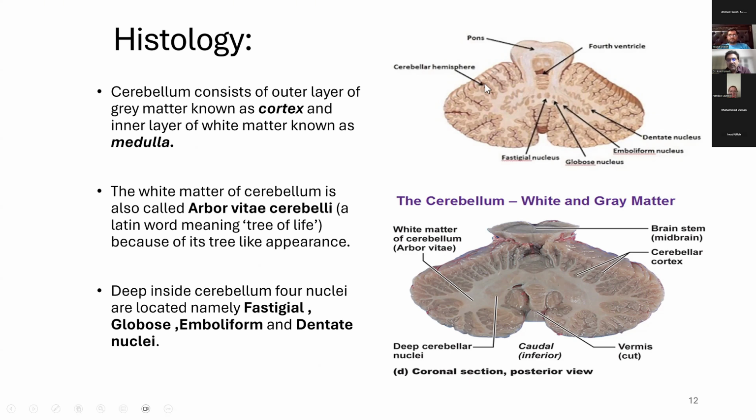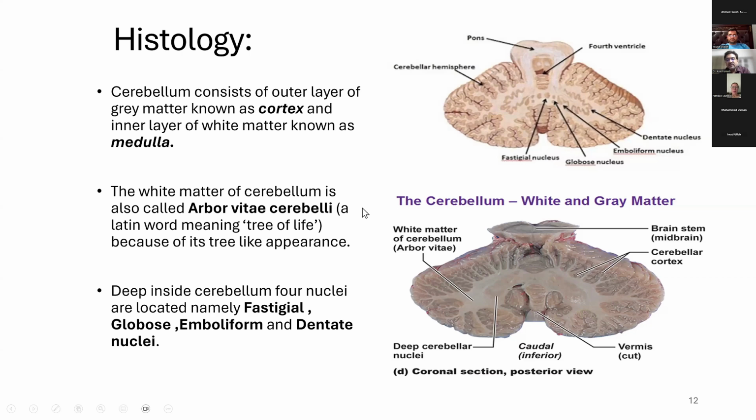So the gray matter is outside, the white matter is inside in case of the cerebellum, and the gray matter is dipping like finger-like projections into the deep portion of the cerebellum, and the white tract in the medulla is running like a branching tree, which we call arbor vitae cerebelli, a Latin phrase which literally means tree of life, because it resembles the branching pattern of a tree.